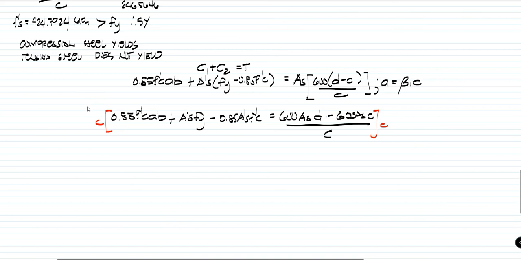So, we could produce an equation 0.85 F prime C AB or beta 1. Sorry, hindi natin nailagay. So, this is beta 1 CB. So, that will be 0.85 F prime C beta 1 B C squared plus, so, A prime S Fy times C minus 0.85 A prime S F prime C. May variable na siya na C. That is equal to, syempre ito magka-cancel out lang to.